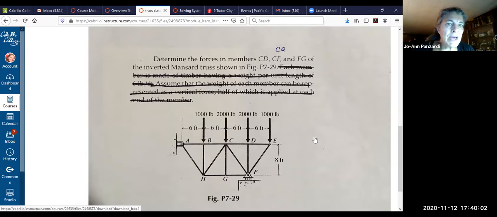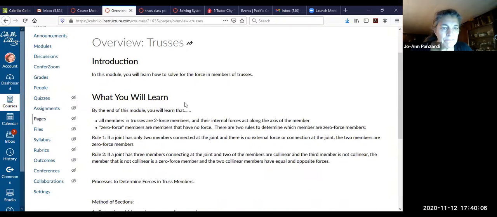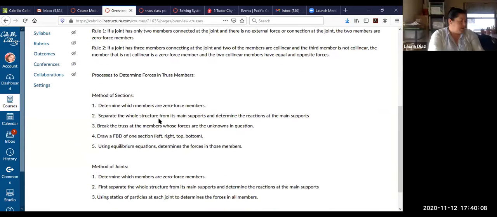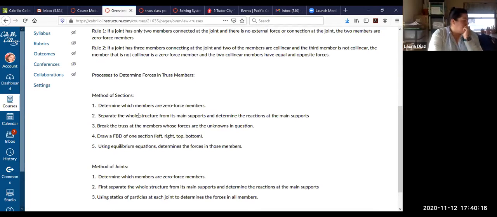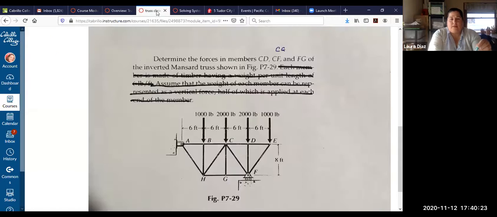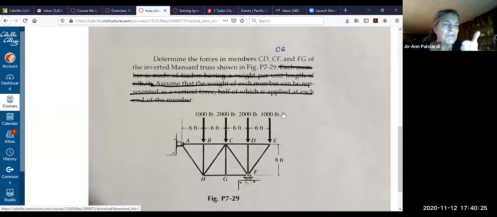Rule number 2 says, let's just look. To break the truss at the members whose forces are asked for. No, number 2, rule number 2. Oh, okay. Separate the whole structure from its main supports and determine the reactions at the main supports. Okay, so number one was finding zero force members. We did. CG was equal to 0, looking at joint G.